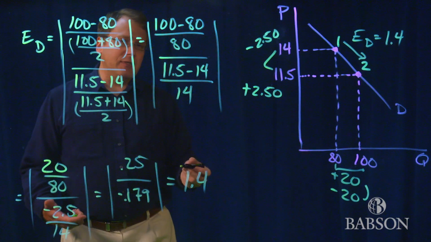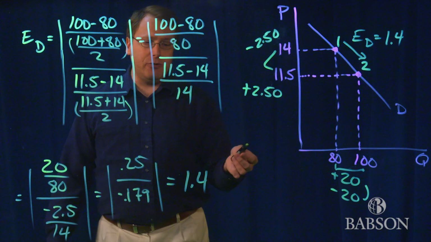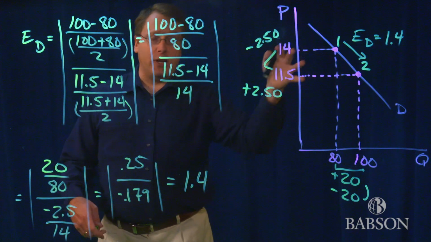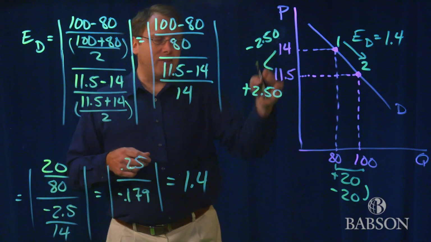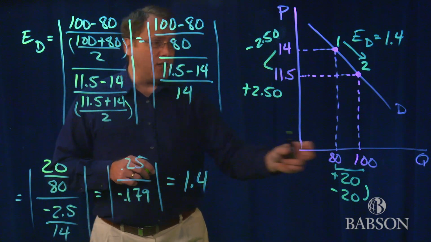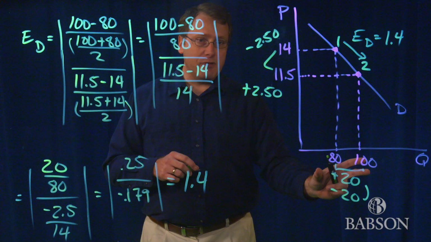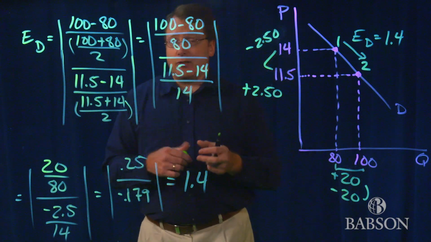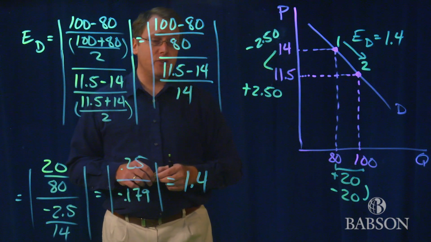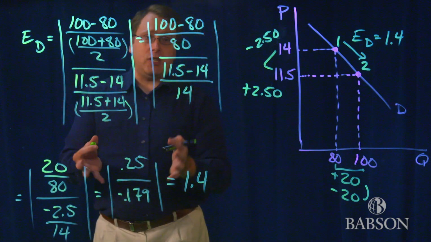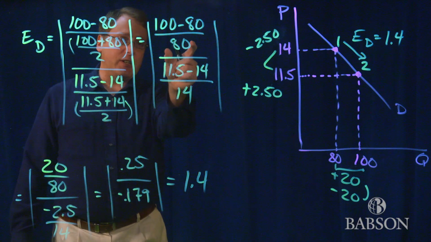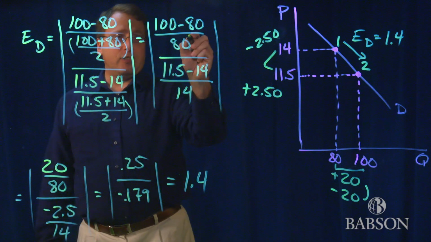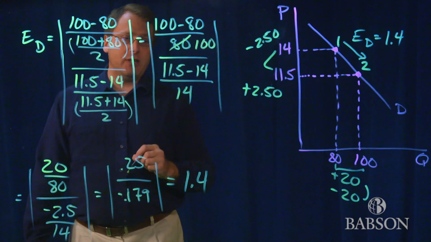But what would happen if instead of going from 1 to 2, we went from 2 to 1? We were talking about a price increase. Again, it's the same points on the demand curve, and it's the same number of cases that are gained. It's the $2.50 price change. What would change in this process? Well, really, instead of this denominator up here being 80, we need to change that to be 100.